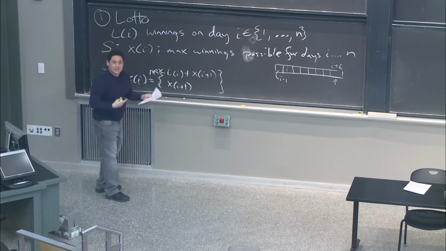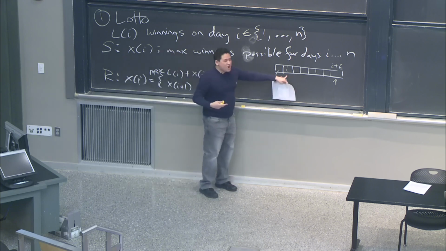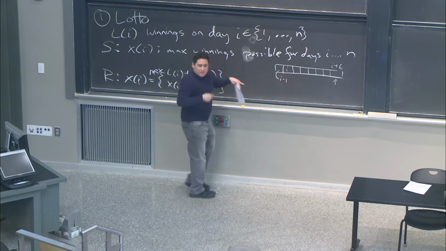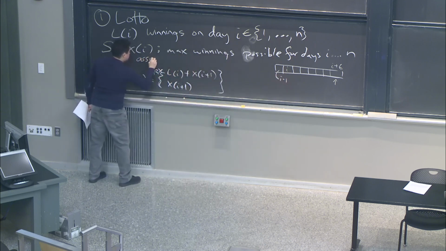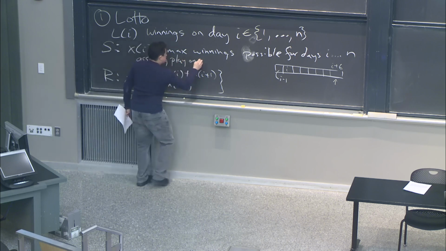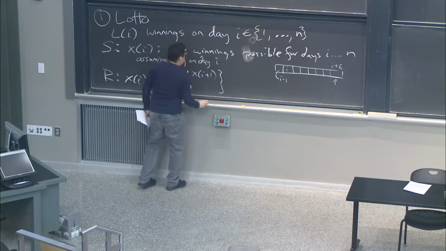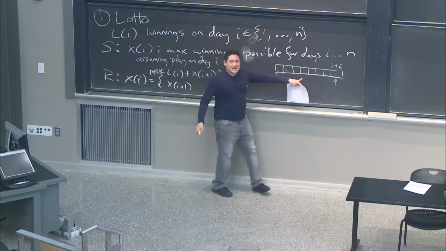I'm definitely including this in my subsequence. That's going to make it easier for me to know that I definitely played on this day. So assuming I play on day I, I actually need to remember what's the next day I can play.